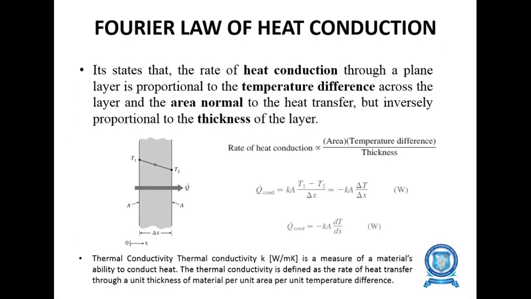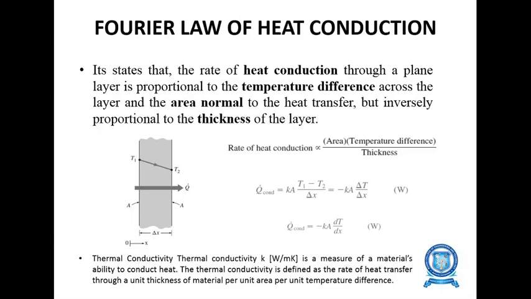Here the conduction is based on the principle of Fourier's law, which states that the rate of heat conduction through a plane layer is proportional to the temperature difference, or else the rate of heat conduction is proportional to the area measured normal to the direction of heat flow and to the temperature gradient in that direction.